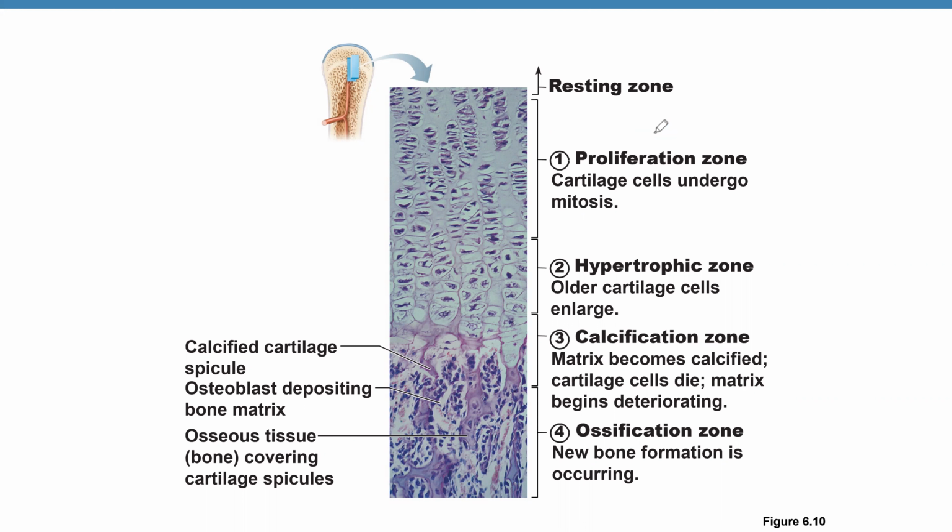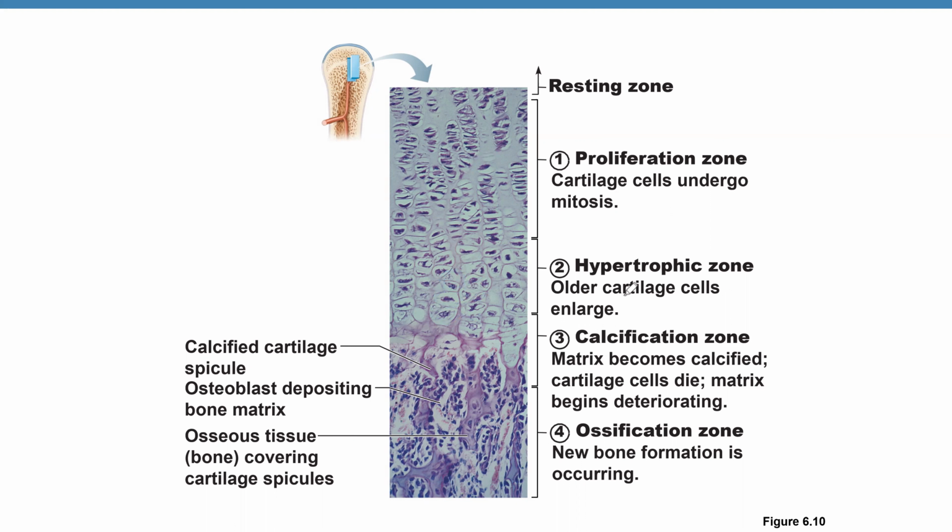In the proliferation zone, you will see these stacks of chondrocytes, like columns. Then the hypertrophic zone, where all the cartilage cells enlarge. Now you can see the cells became bigger. Hypertrophy means cells became bigger.